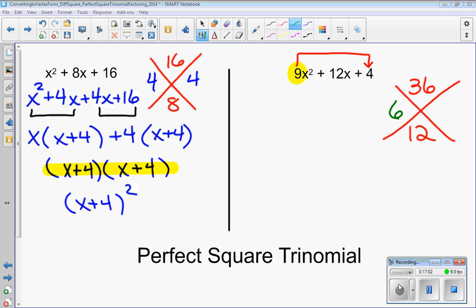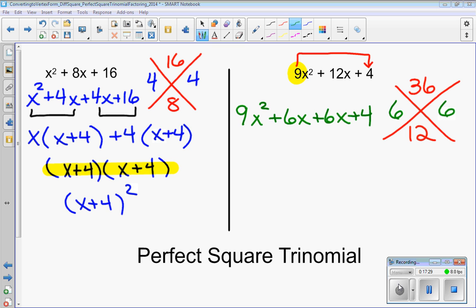If we use perfect square trinomials, those two numbers are going to be the same. So let's rewrite our middle term: 9x squared plus 6x plus another 6x plus 4. I'm just using the two numbers I picked to rewrite my middle term. Once I have 4 terms, what do I do?